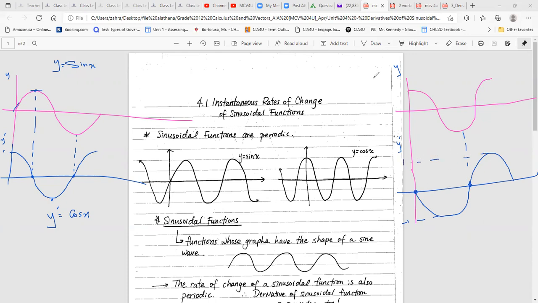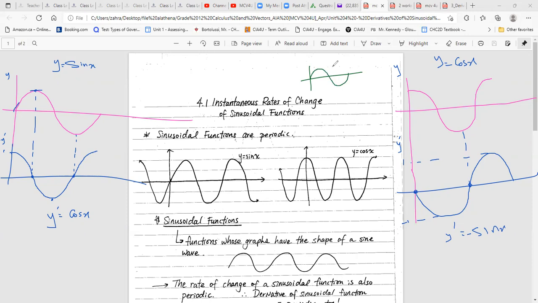So what is that? This is the negative of the sine. So if y is cosine x, here is y prime, it is negative sine x. Just for the reminder, this is the sine.